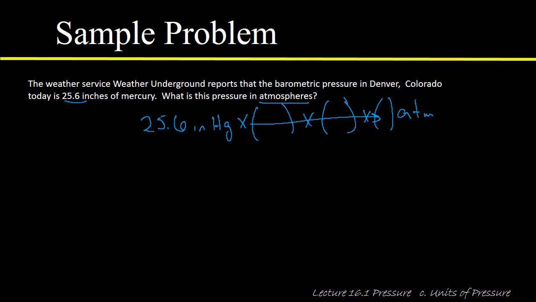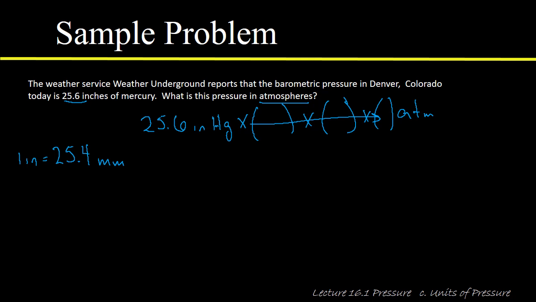Okay. Well, one thing we know is that 1 inch is equal to 25.4 millimeters. So 1 inch of mercury is 25.4 millimeters of mercury.